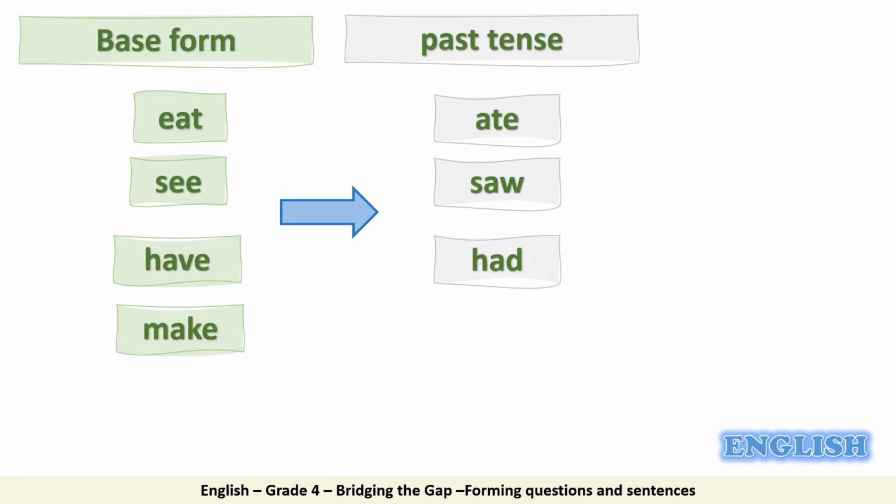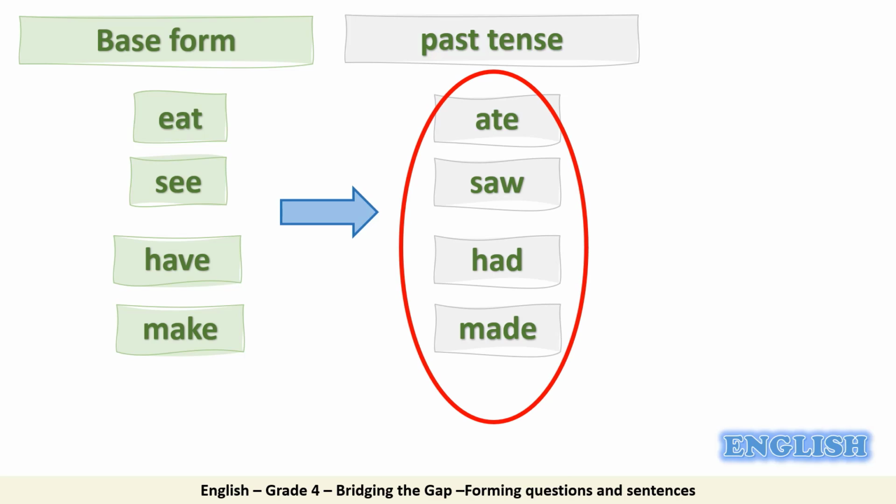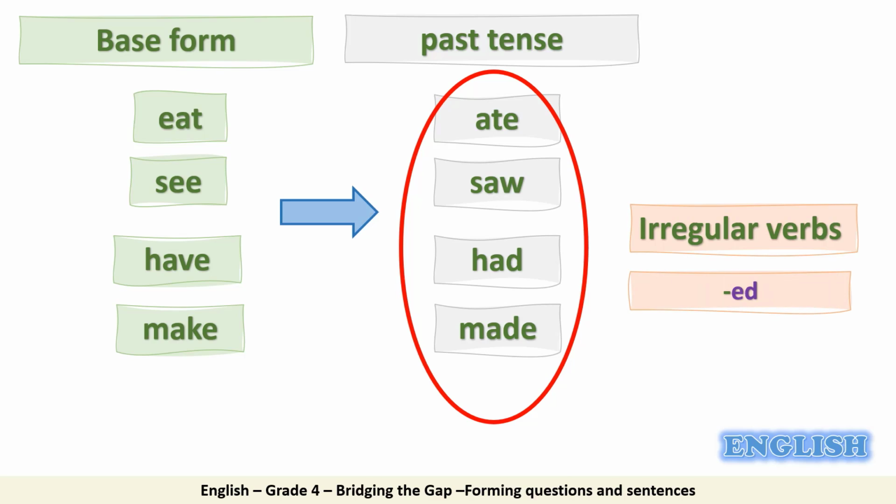Have becomes had. Make becomes made. Now tell me, what did you notice about these verbs? Excellent. They are irregular verbs. It means that verbs that do not take ed at the end.